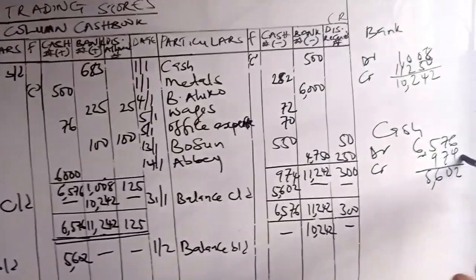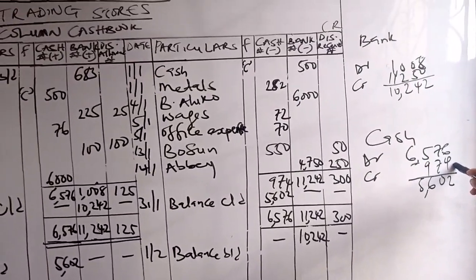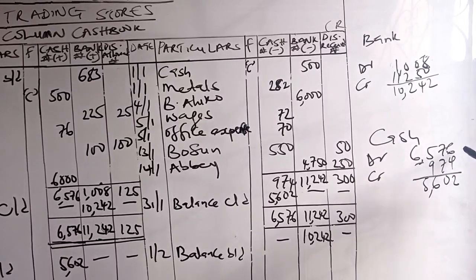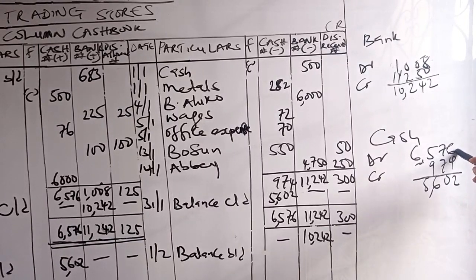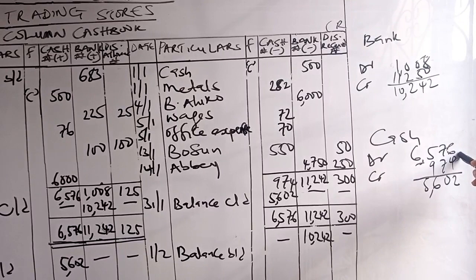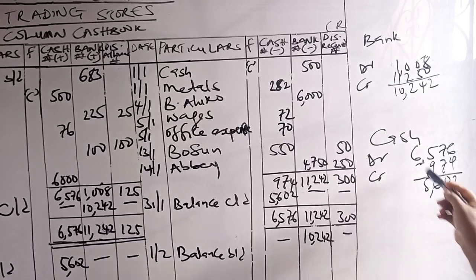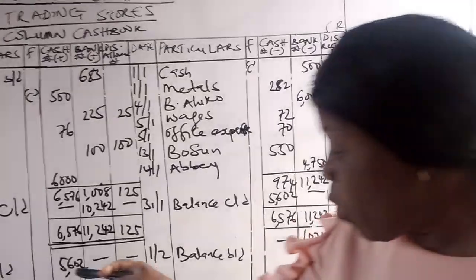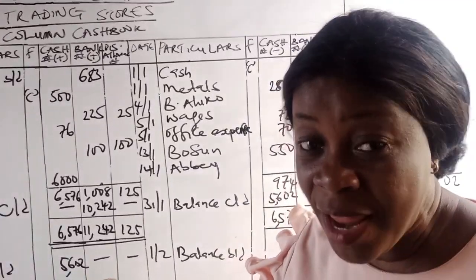They paid 974 naira out of the 6,576 naira cash they received, meaning there is a difference of 5,602 naira in hand, which makes it a debit balance.